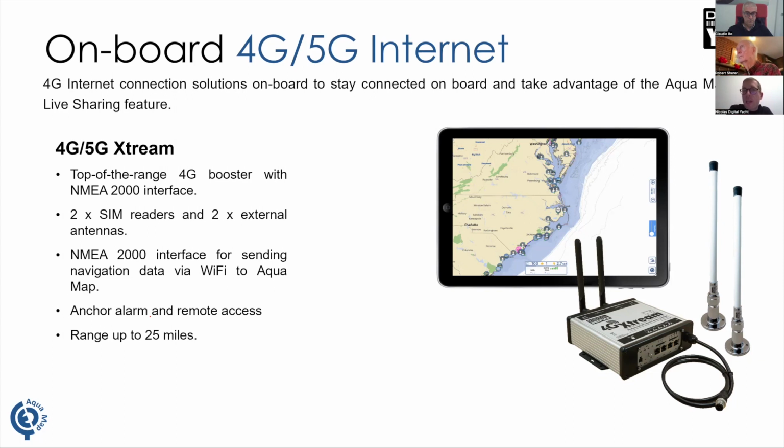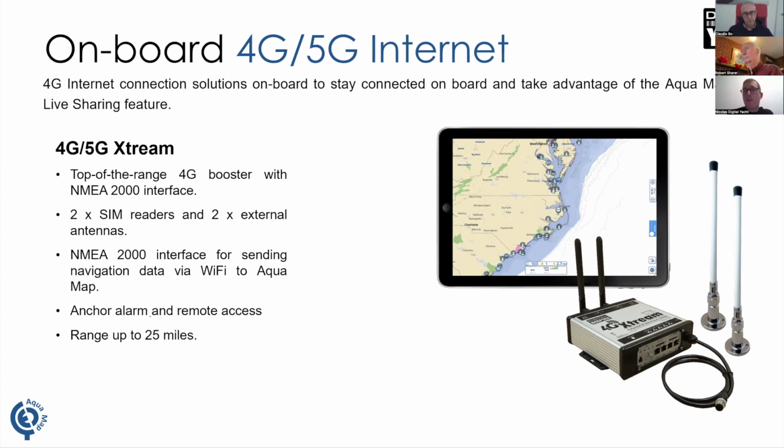So with the 4G Extreme, you will get internet up to 300 megabits per second, which is ultra fast internet access on board. But as well, because it has a built-in NMEA 2000 cable, it will also get all your navigation data. So you just connect it to your Garmin or Raymarine, Furuno, Simrad, whatever NMEA 2000 network you've got on board.